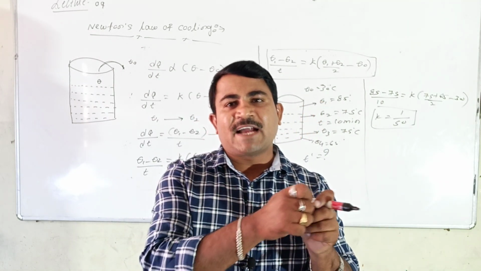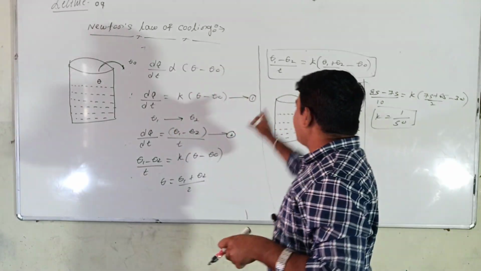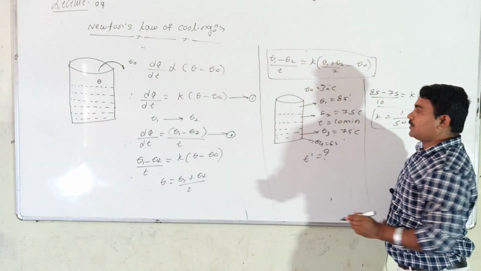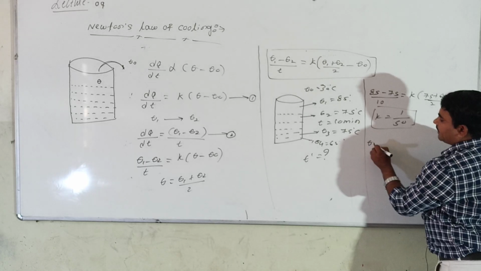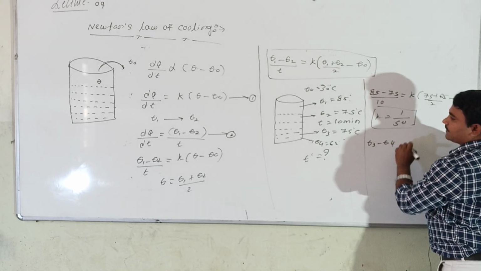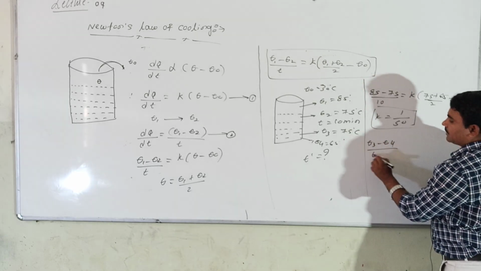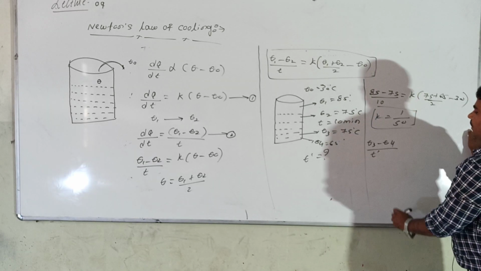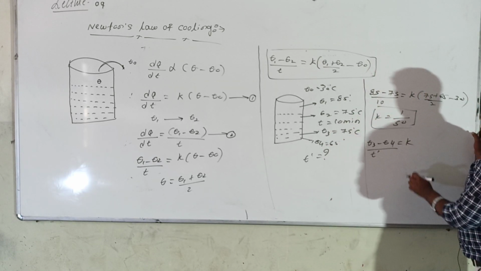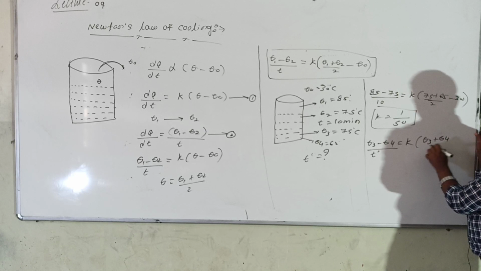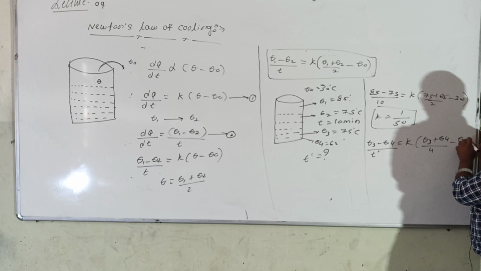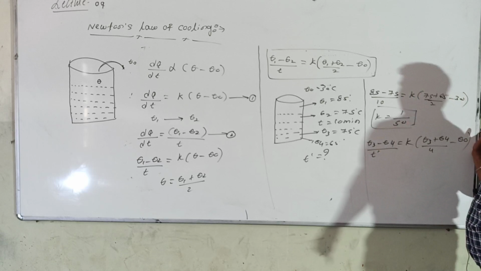Shall I write it for theta 3 and theta 4? How to modify this equation? Theta 1 is replaced by theta 3, theta 2 replaced by theta 4. I don't know this time, so I take this time as t dash. It equals k into the bracket, (theta 3 plus theta 4) divided by 2, minus theta naught.